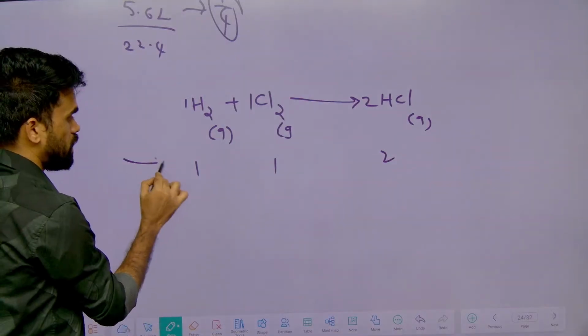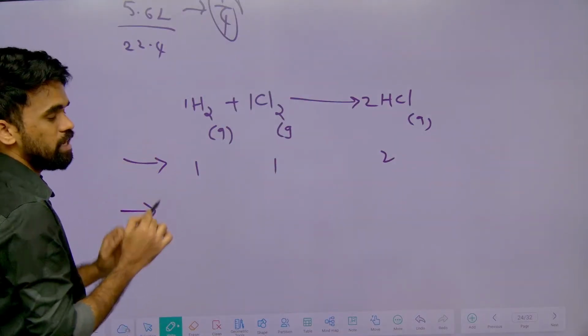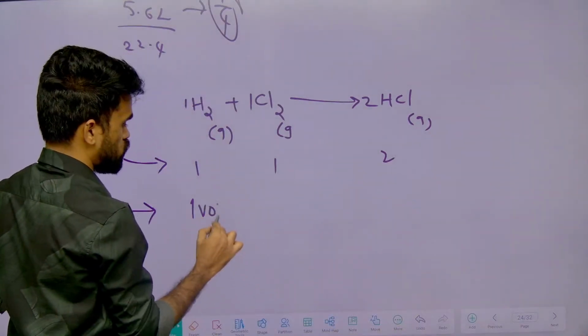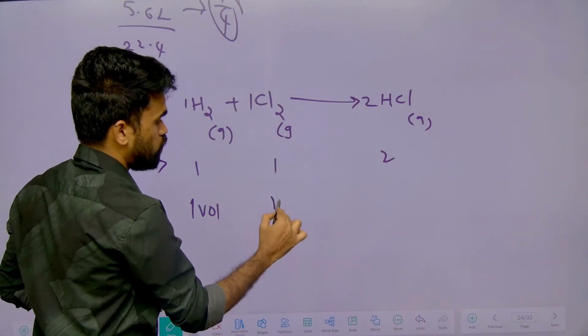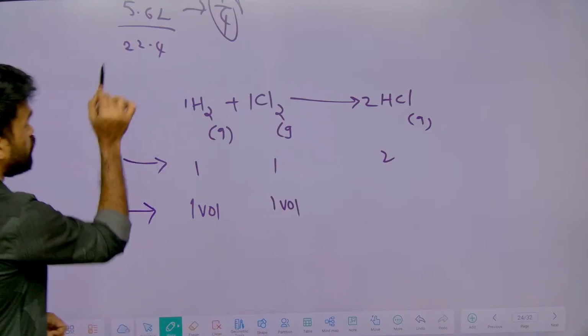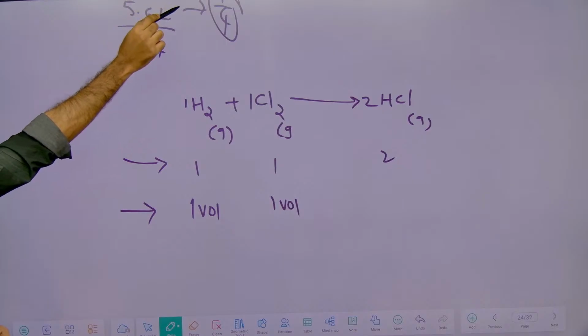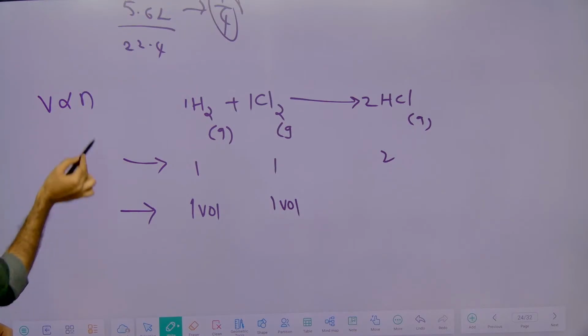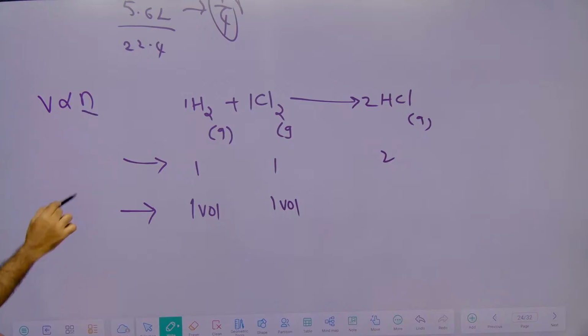Okay, this is the stoichiometric equation. Next, instead of saying 1 mole, I can say 1 volume of H2 combining with 1 volume of Cl2. Why am I saying volumes? Because from Avogadro's law, volume is directly proportional to number of moles. I can say it in terms of number of moles or in terms of volumes also.